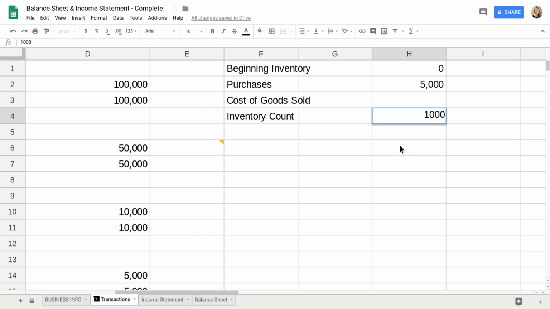To find out our cost of goods sold, we take our 5,000 and subtract 1,000, which I could do in my head, but I'm showing you the formulas, and we get 4,000. It's a negative number here, right? It's an expense. So we're putting it in brackets. Perfect. And I'm just going to underline this for clarity's sake.